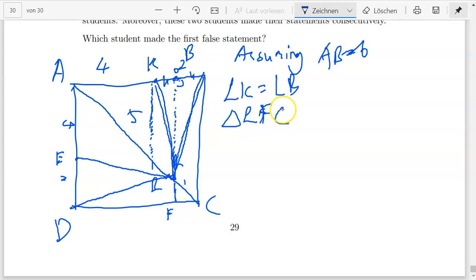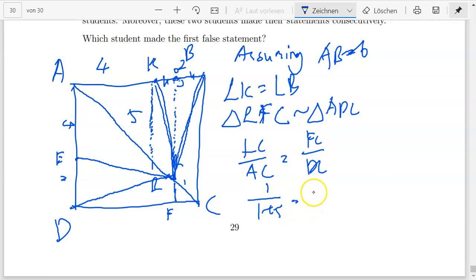And then we know that the ratio of LC to AC is equal to the ratio of FC to DC. So this one is 1 over 1 plus 5, equals 1 over 6.